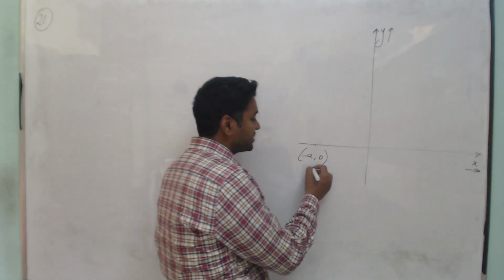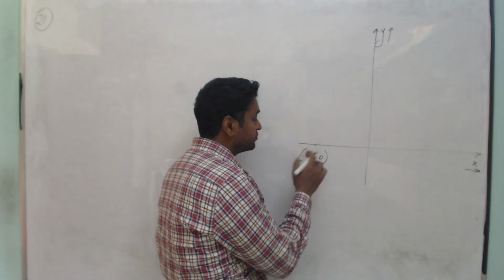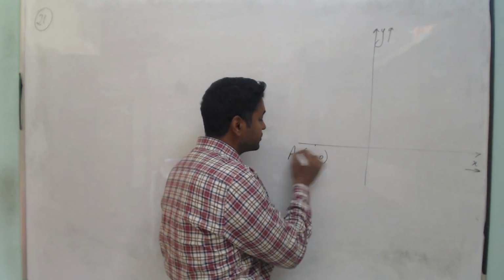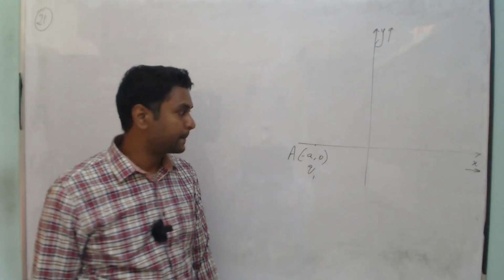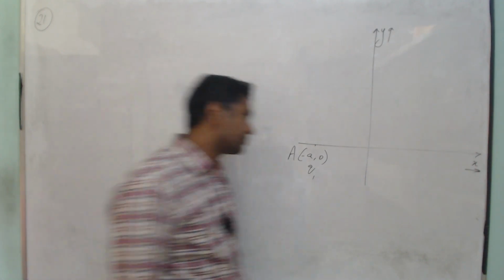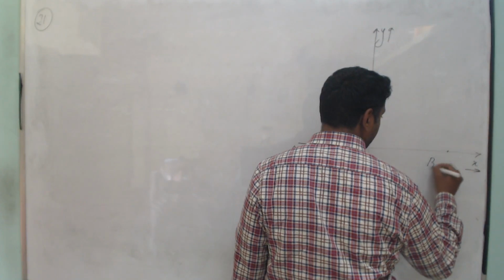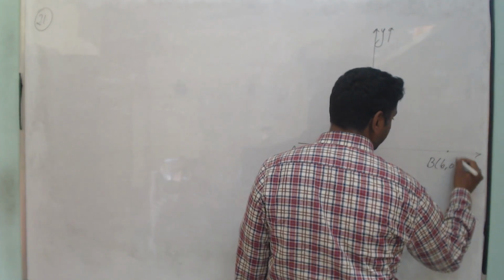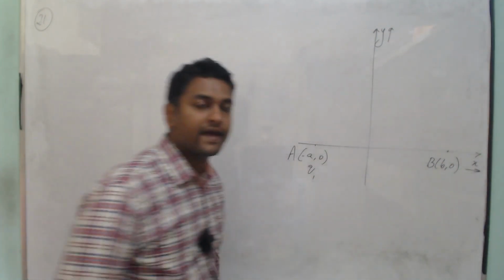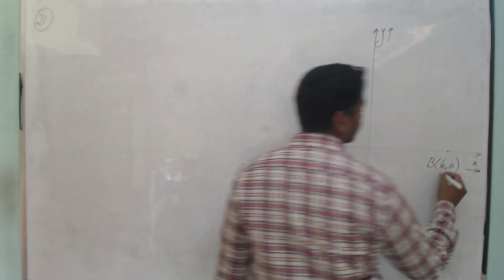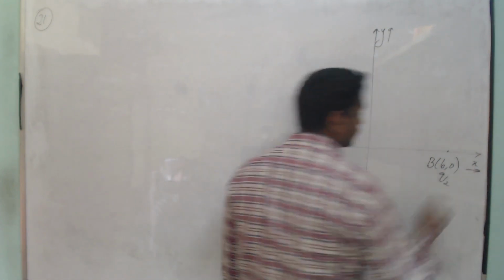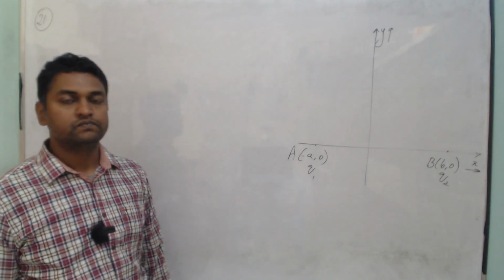Let the charge at minus a comma 0 be q1, and let us denote this point capital A. Let us take another point B as b comma 0, and let the charge over here be q2.